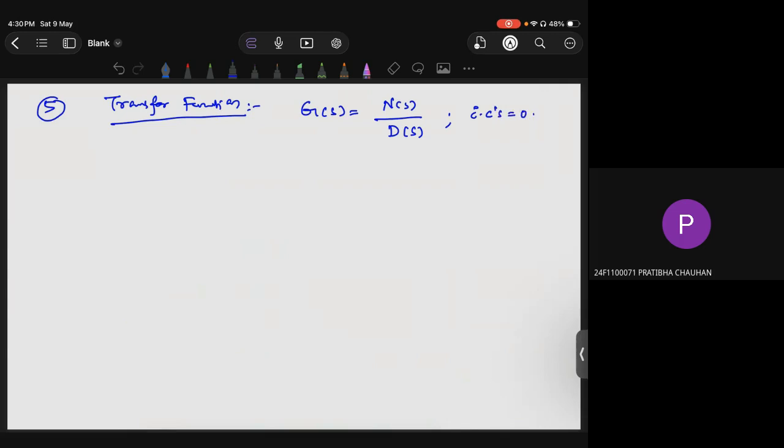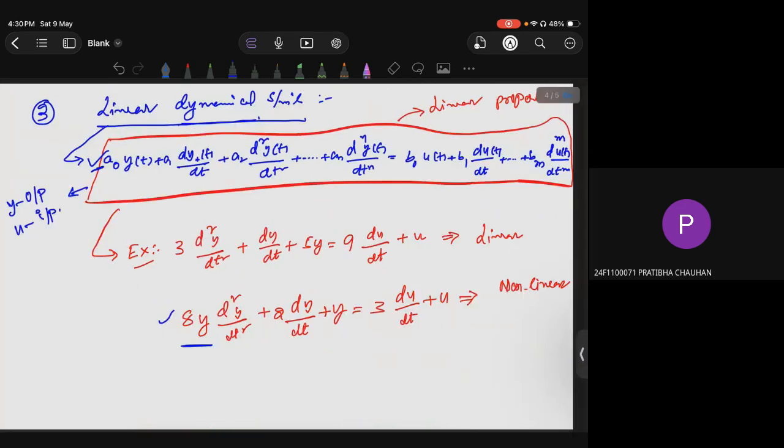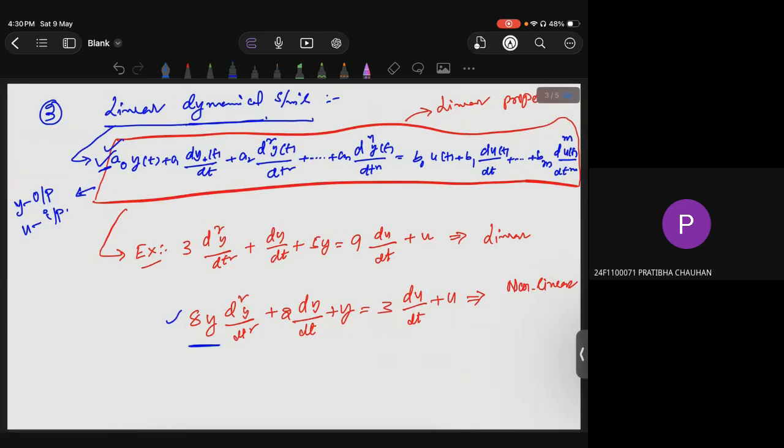So we apply the Laplace transform to this equation, using the Laplace transform of the higher order derivatives, where we would get the initial conditions. We take initial conditions 0 and finally find the expression of Y of S by U of S.